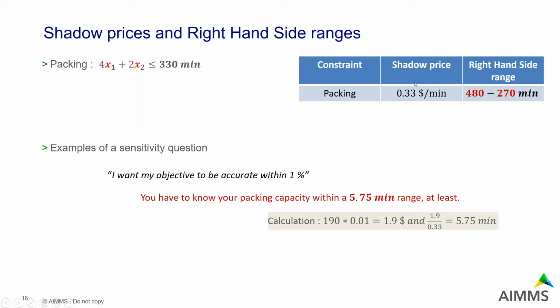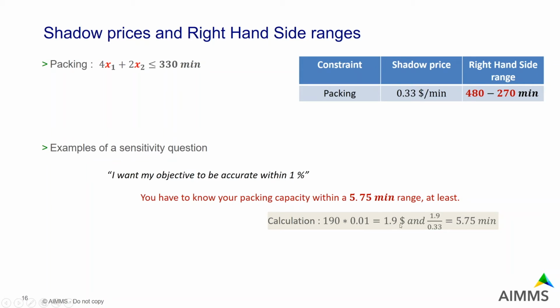Thanks to the shadow price and the right-hand side ranges, we know that you have to know your packing capacity within a 5.75 minute range at least in order to be accurate within 1% on your objective function. So what is the calculation? 1% of the objective function is 1.90, which was the amount of our objective function value.